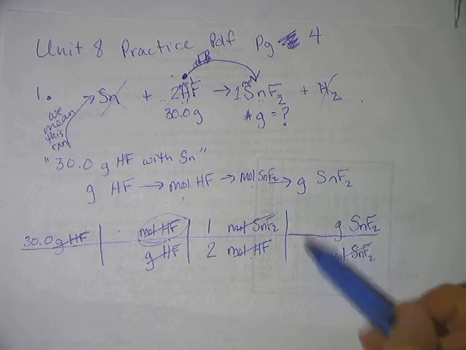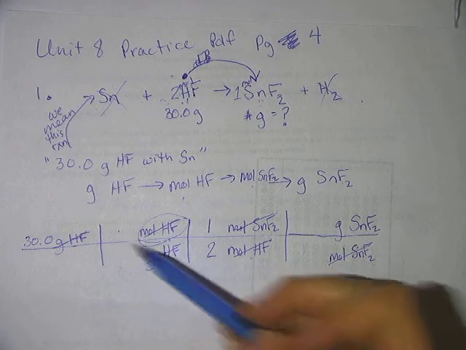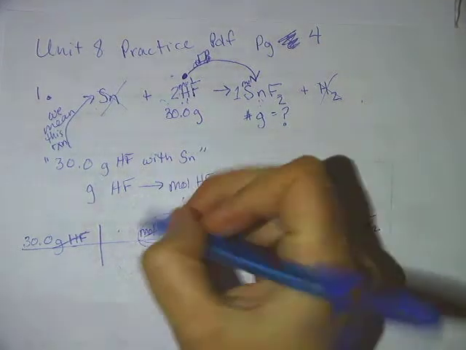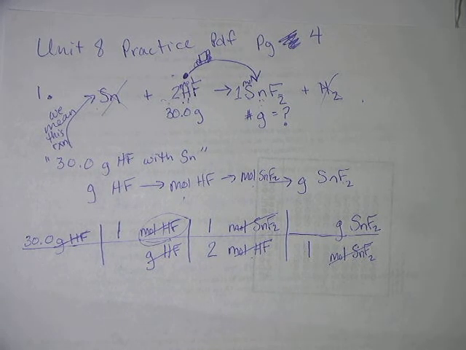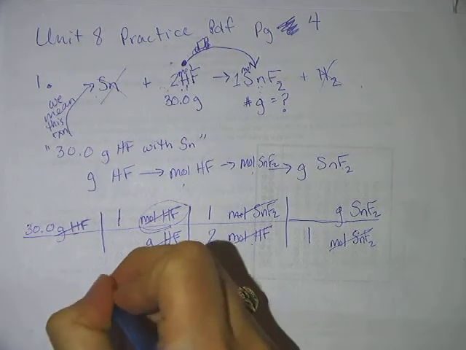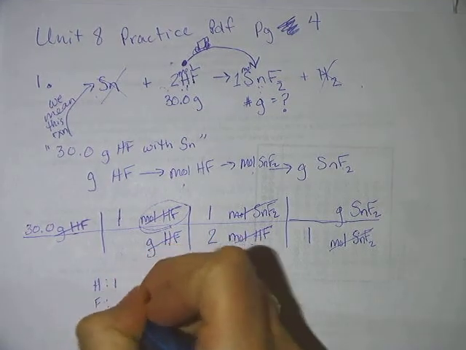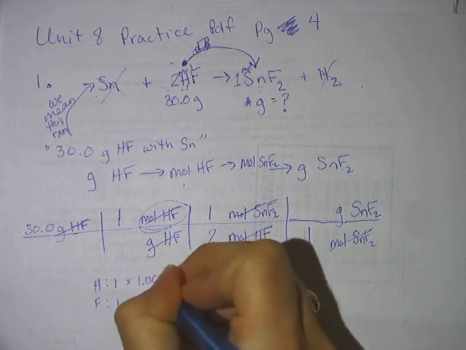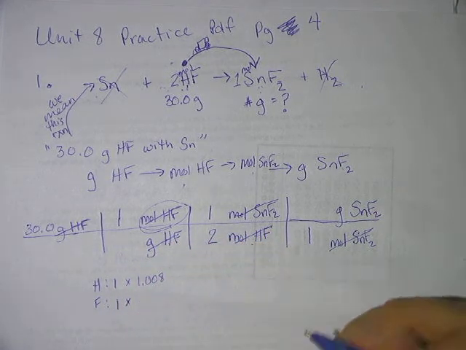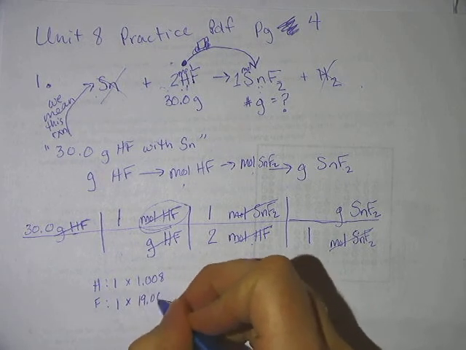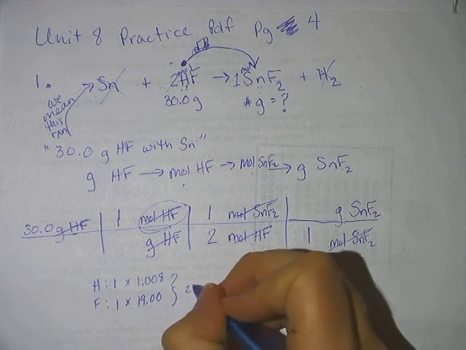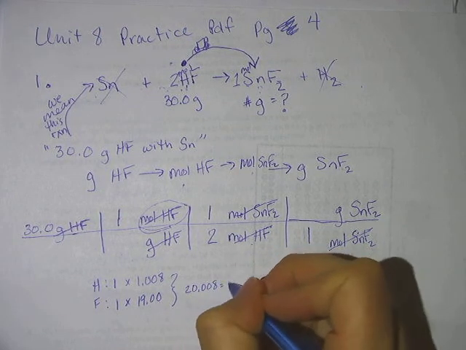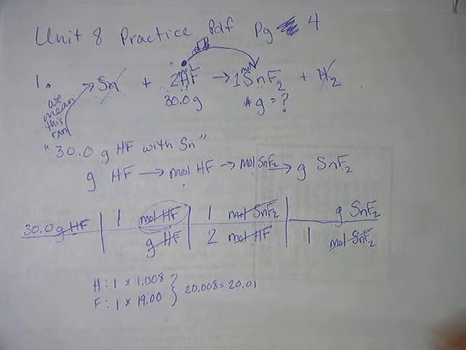When you have grams and moles in the same fraction, what number do you always use for moles? 1. Always. If you have grams and moles in the same fraction, it will always be 1 mole. And where do your grams come from? The periodic table. So we're going to have to add up HF using your periodic table, and checking your sig figs.